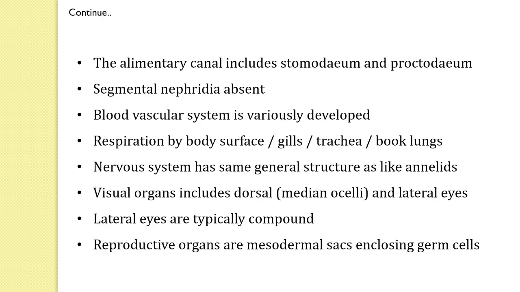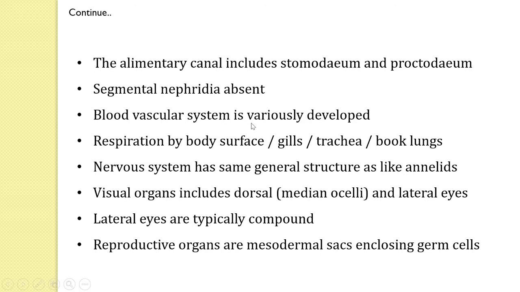The definitive alimentary canal includes a long anterior and posterior section, referred to as the stomodium and the proctodium, which are derived from the ectoderm. The typical segmental nephridia are absent; in annelids the nephridia are present, but among the arthropods these nephridia are absent.